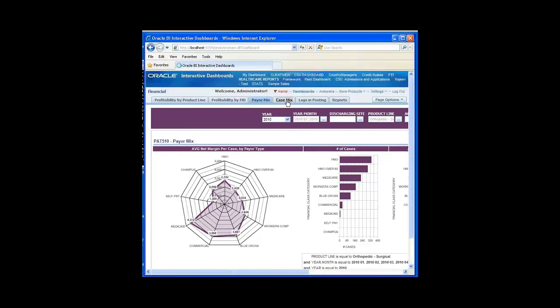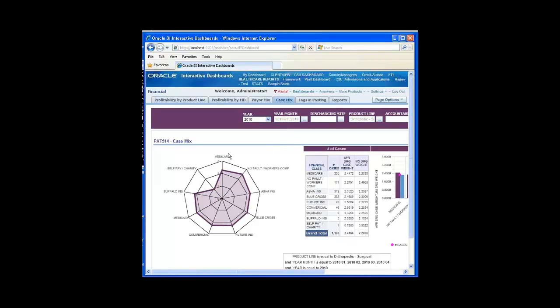Case mix is a similar concept in that we have the different payers going on the outside here. And I can look at my case mix or my case weight. And so the further towards the edge of that spider graph it is, the higher the average case weight per case is, and naturally that typically has ramifications on what you'll be reimbursed by that payer.